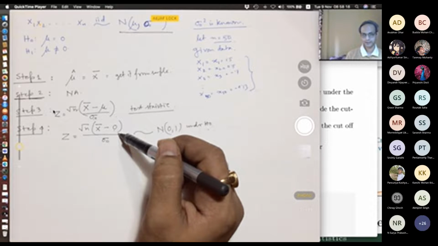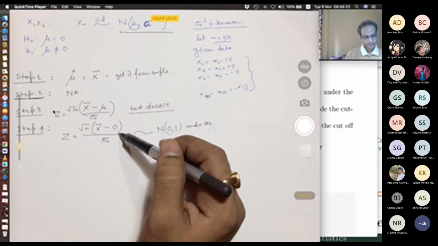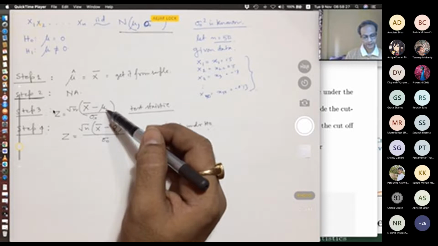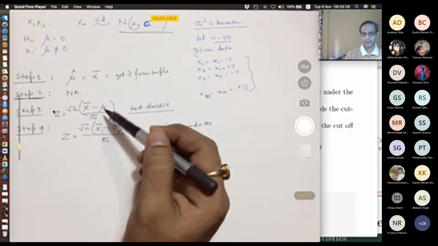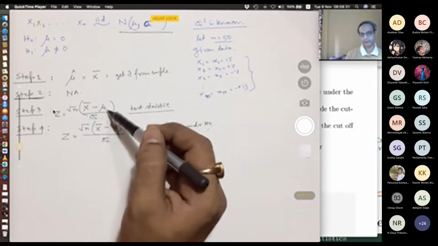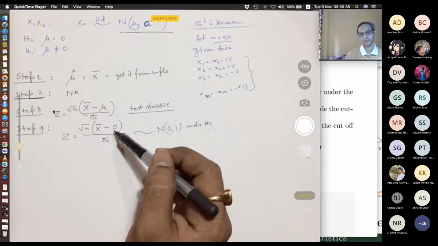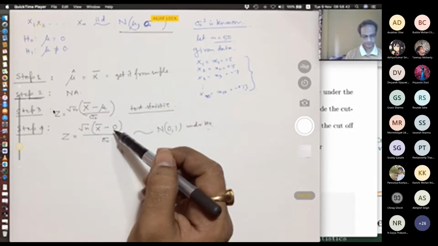Yes. But from step 3, it will always follow normal 0, 1, because in step 3, whatever may be the value of mu, the same value of mu is used. But here, a particular value of mu is used. Okay.